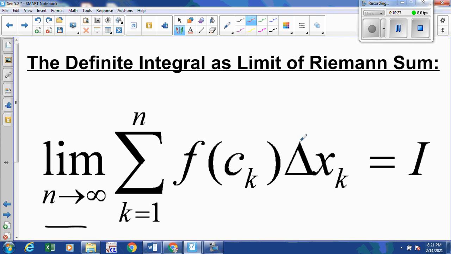And we call what this is equal to, the sum of this infinite series, our definite integral. So the limit of this Riemann sum gives us this definite integral. This is not an approximation. This is the actual value, the exact value that we're able to find.